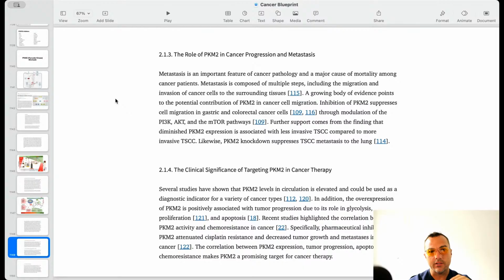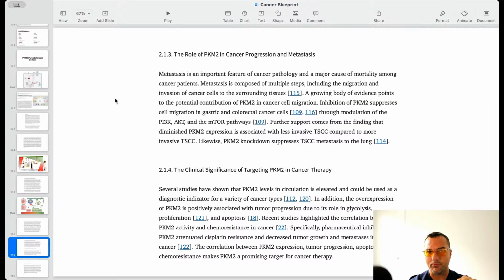Further on, it talks about PKM2 and the role of it for cancer progression and metastases. Metastases is an important feature of cancer pathology and a major cause of mortality among cancer patients. Metastases is composed of multiple steps, including migration, invasion of cancer cells and surrounding tissues. A growing body of evidence points toward the potential contribution of PKM2 in cancer cell migration.